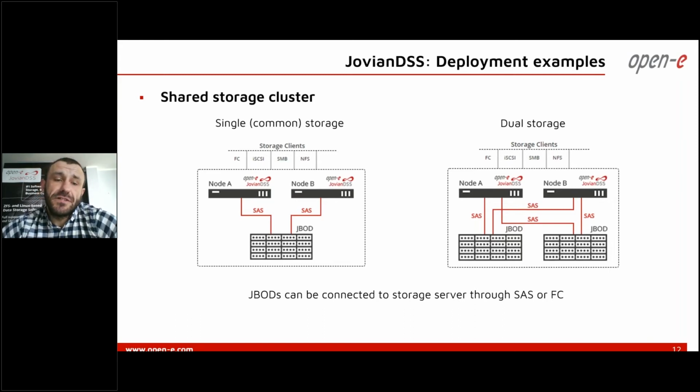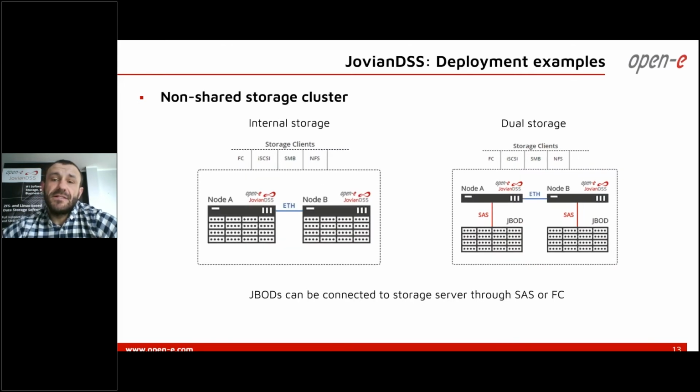This is our configuration for the live demo. JBODs are connected to two nodes with single storage, as you can see on the left, and it is also possible to configure dual storage where connections are crossed. Each individual node has its JBOD connected, but connections are crossed, so all disks are visible to our cluster.